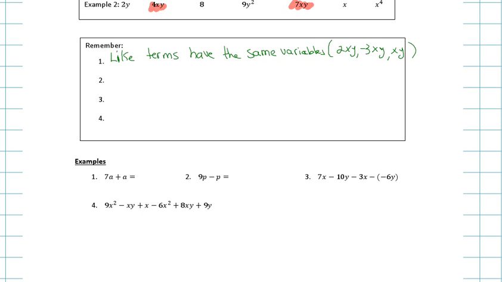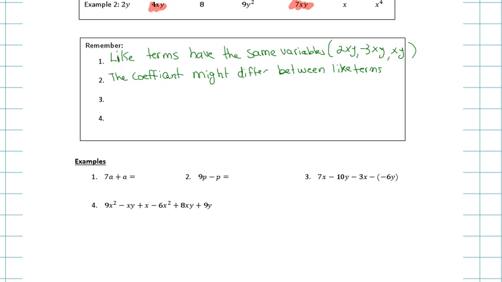The coefficient might be different between like terms.